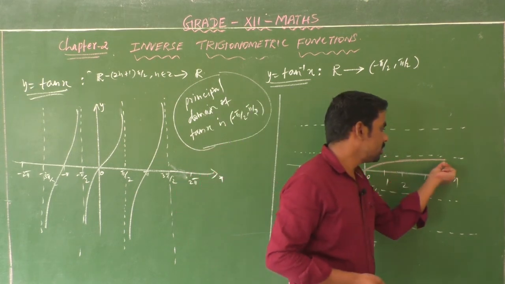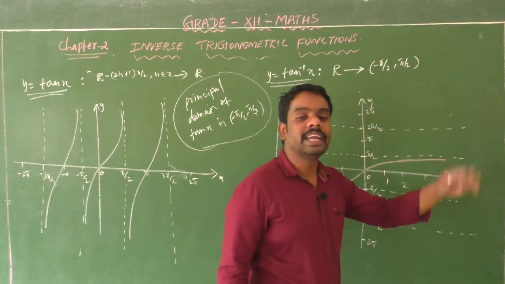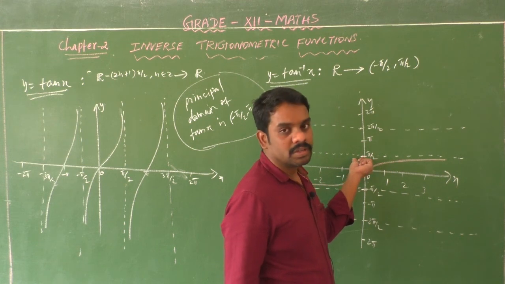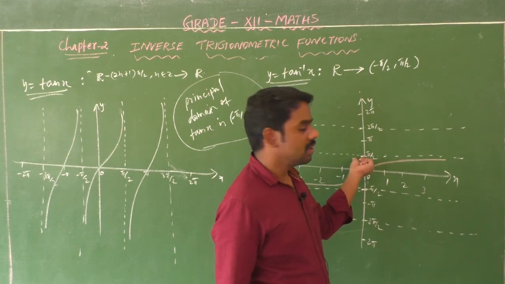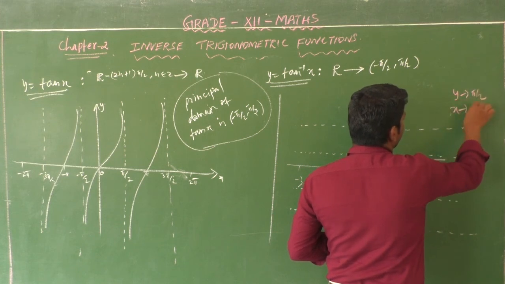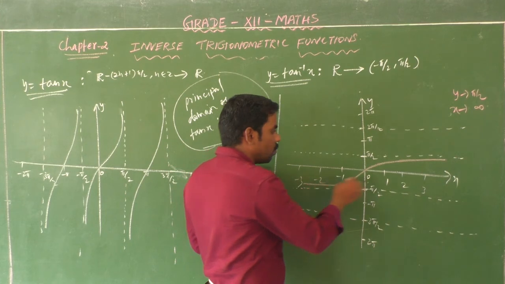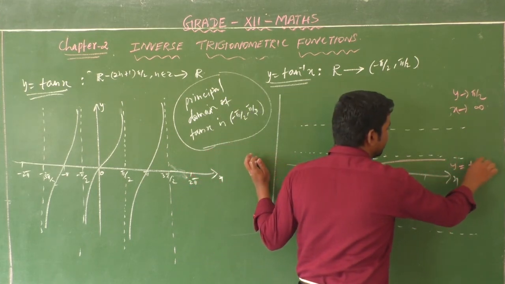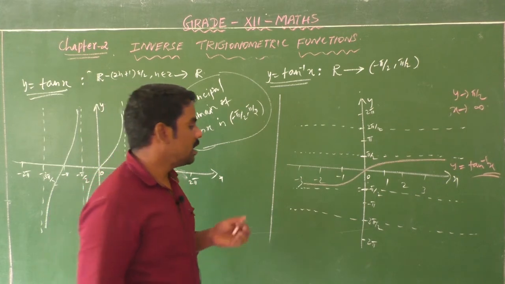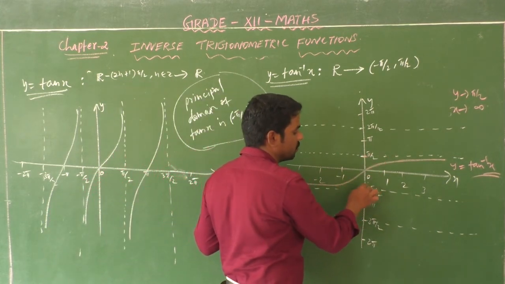This curve touches at infinite points, when y equal to pi by 2, x is infinite. y tends to pi by 2 and x tends to infinity. So the range is the open interval minus pi by 2 comma plus pi by 2. Okay.